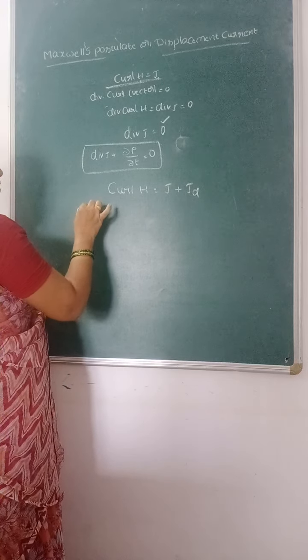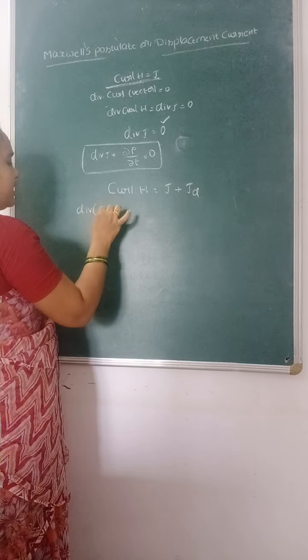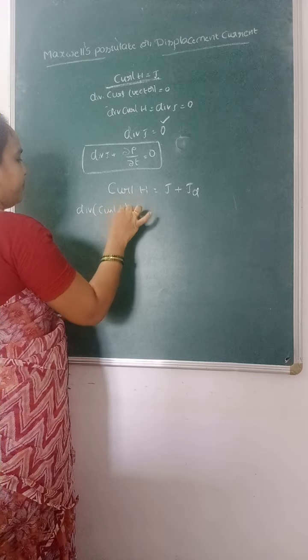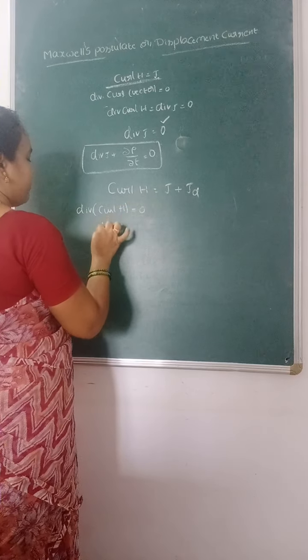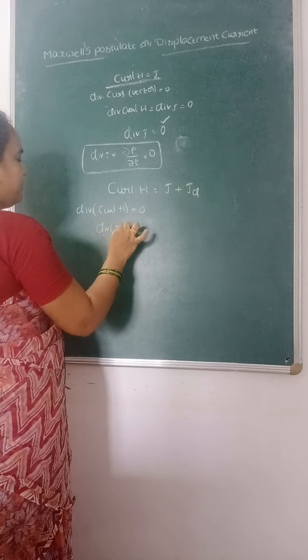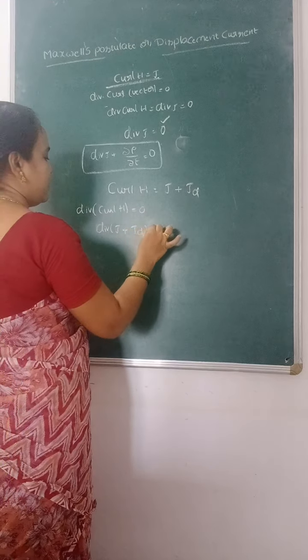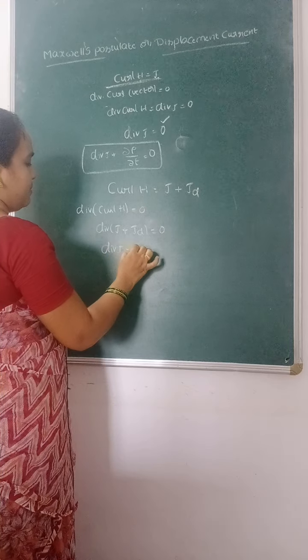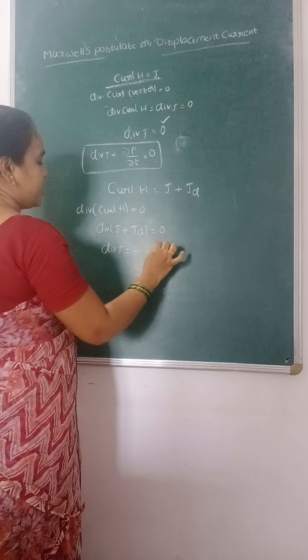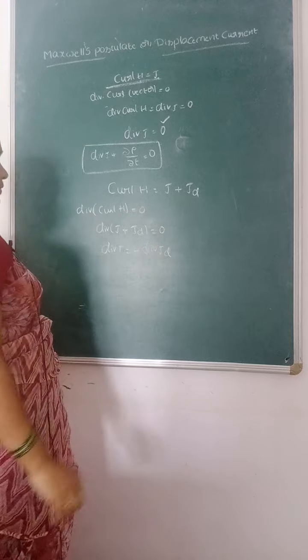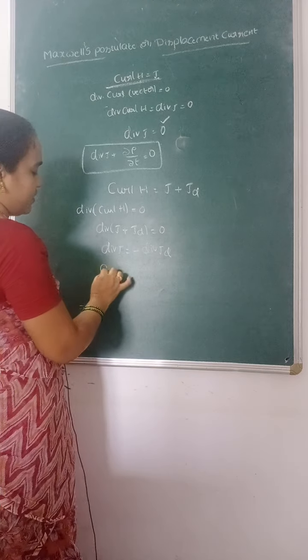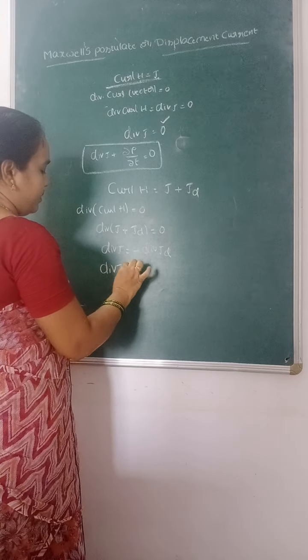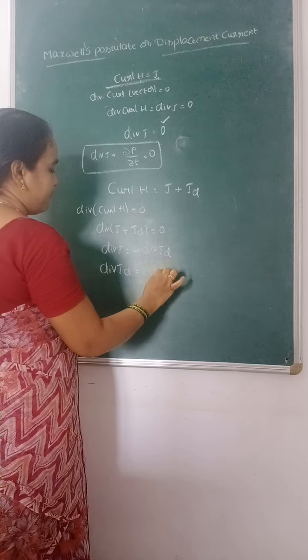Similarly, the divergence of the curl of any vector is equal to 0, that is, divergence of (J plus JD) is equal to 0. So then divergence of JD is equal to minus divergence of J.